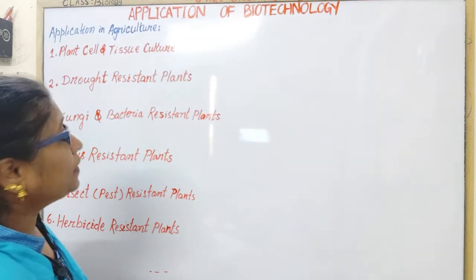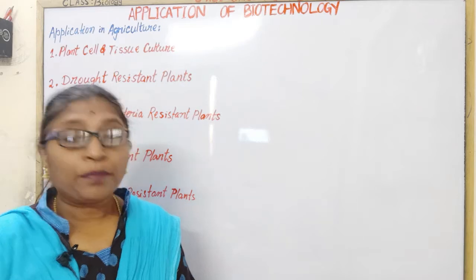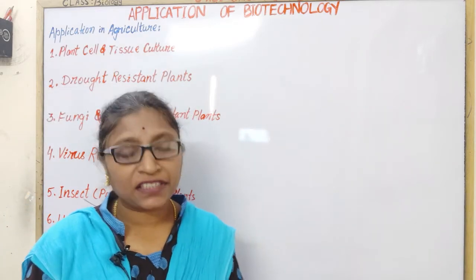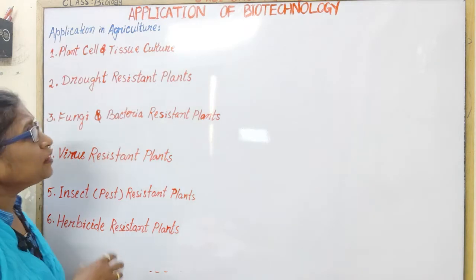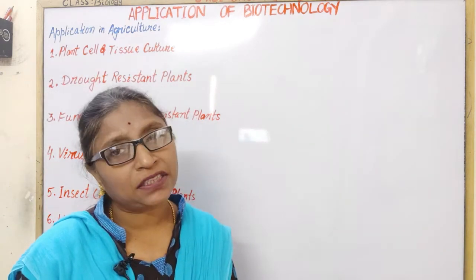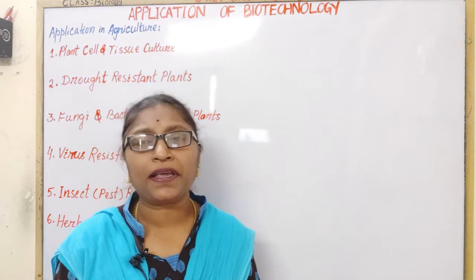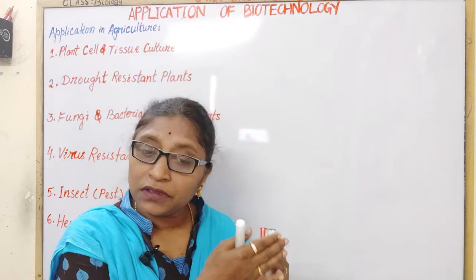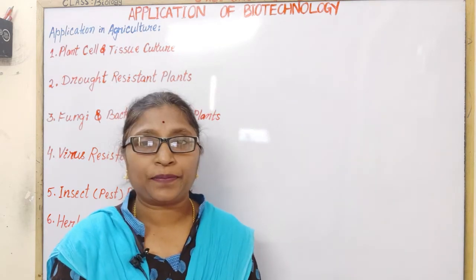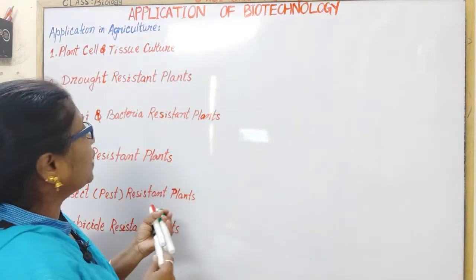Plant cell and tissue culture. By adopting plant genetic engineering, the plant cell genome is altered. Alteration of the plant cell genome is done by transferring the desired gene of one plant cell to another plant cell.